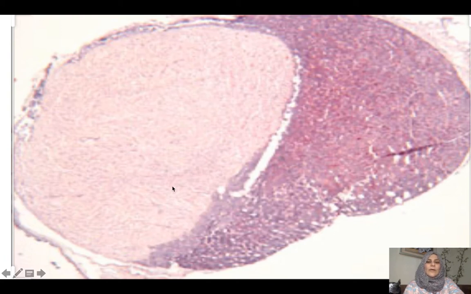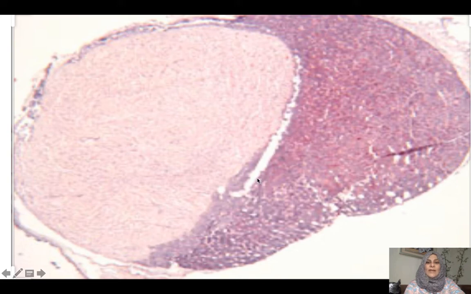But if you look at the part of the pituitary gland which has tiny cells and many fibers, we say this is the posterior pituitary lobe, which we call pars nervosa.